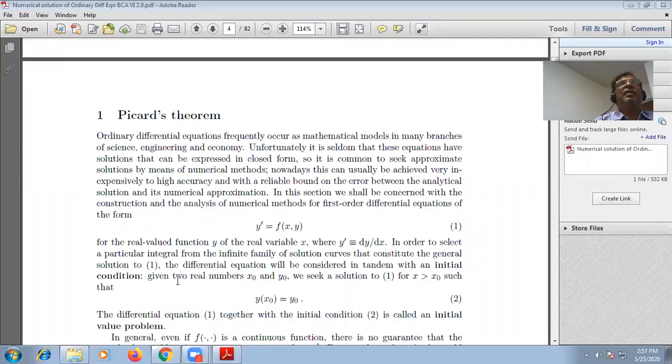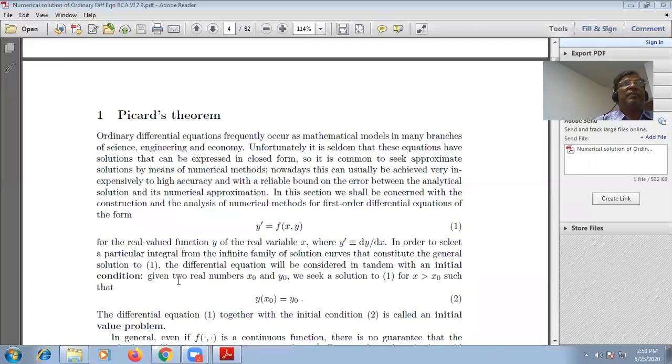Then after the integrating factor, you find the solution of the equation, and in some other differential equations, the complete solution is obtained by finding the complementary function and the particular integral.